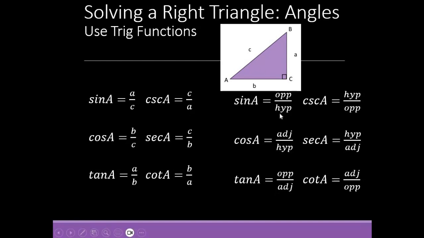So that is what HYP means, hypotenuse. So sine of A is opposite over hypotenuse, or A over C. So this right here is the exact same thing as this right here. Opposite over hypotenuse is saying the same thing as A over C.